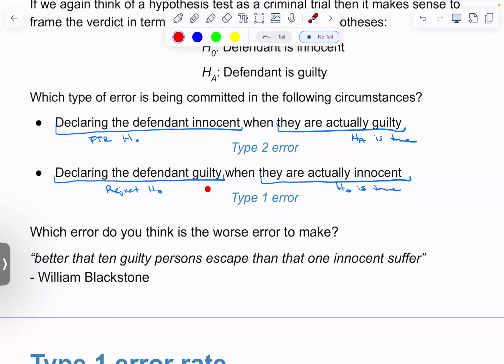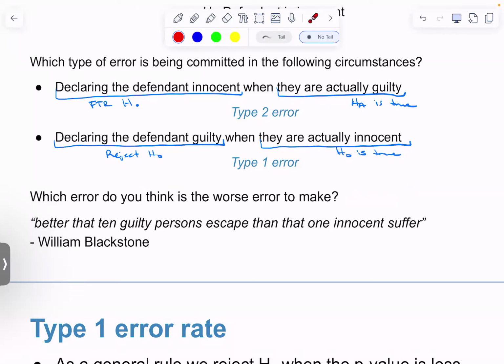It tends to be worse than if someone's guilty and you let them walk free, right? Because it's way worse to send an innocent person to jail, at least that's the general consensus, which I agree with, but it's open to interpretation. So better that 10 guilty persons escape than one innocent suffers, in broad strokes.